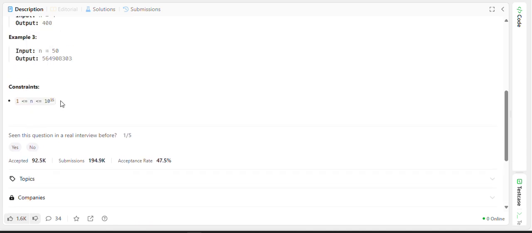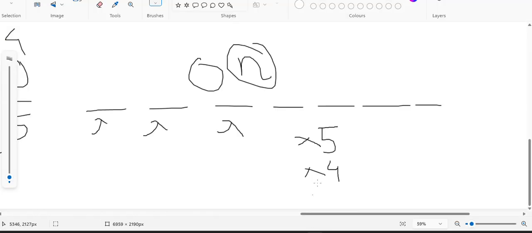No, look, the constant is 10 to the power 15, and we should solve it in nearly 10 to the power 7 to 10 to the power 8 to make it work. So you can't iterate from 0 to n. You need to find something like root over n or a logarithmic solution, right?